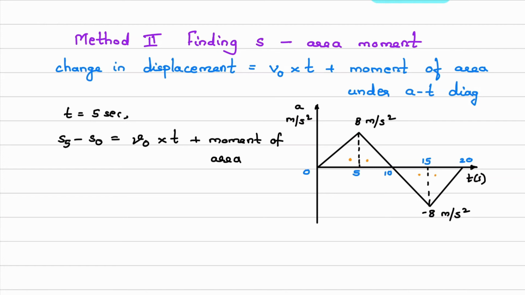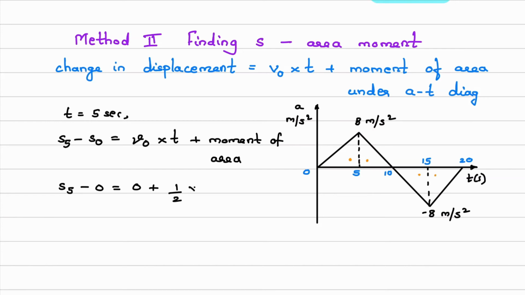Okay, now S5 value we have to calculate. S0 value is 0, V0 value is also 0. So this term will become 0 plus what is moment of area. This area we have to consider. So it will be half into base is 5 and height is 8.